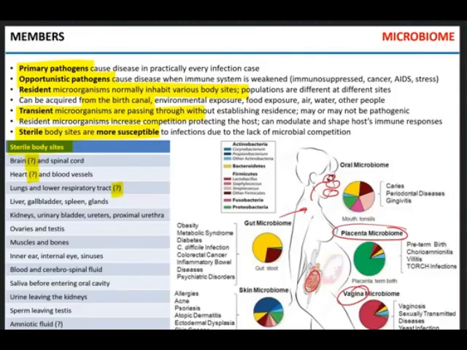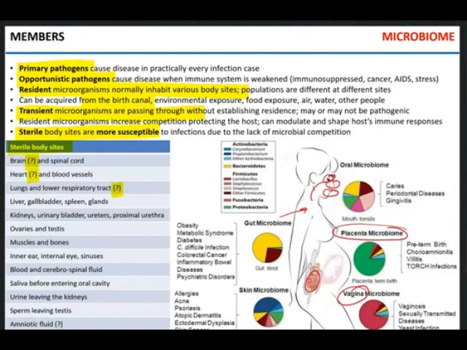Well, it's not that easy, because, well, yes. So skin, although it is exposed to all the elements, I agree with you, due to the competition from your normal microbiome on the skin, does that make sense?